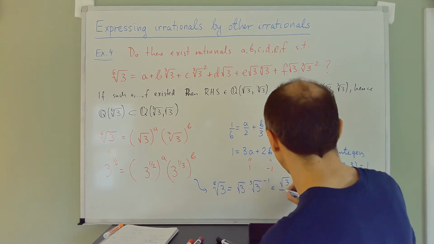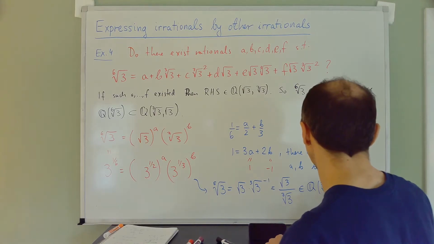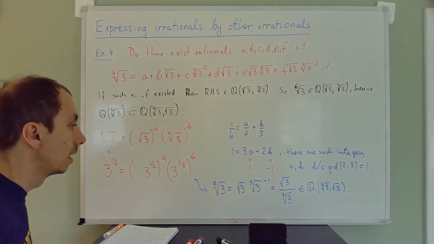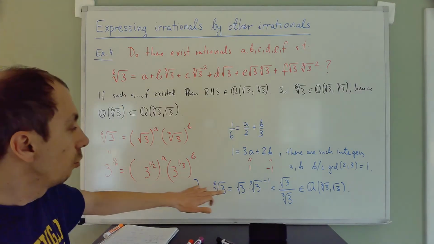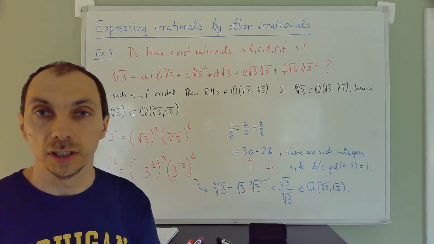In other words, it's square root of 3 divided by cube root of 3. Oh, and this surely does belong to this field. Okay, so I can write the 6th root of 3 as the ratio of these two.